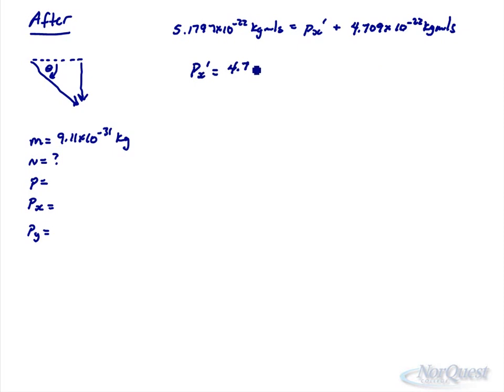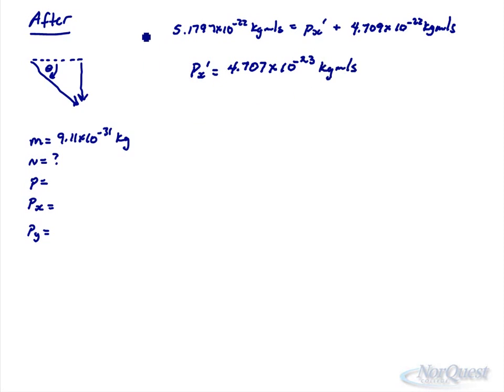4.707 times 10 to the negative 23 kilogram meters per second. Do the same with the y.